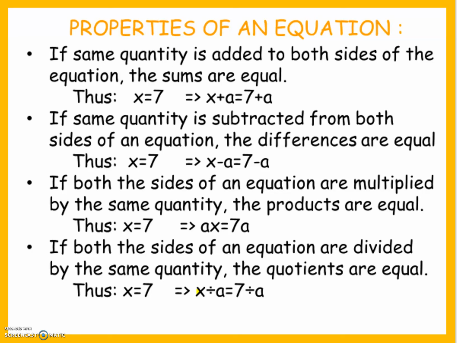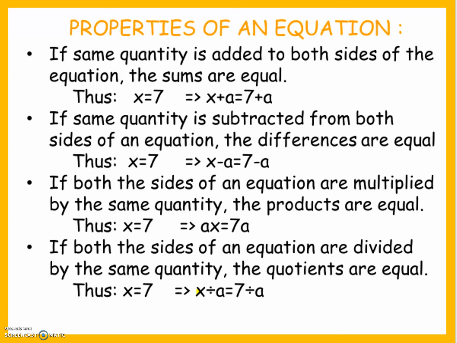If we add or subtract the same quantity to both sides of an equation, the answer won't change. We will have the same equation. In the same way, if we multiply or divide both sides of an equation by the same quantity, we will have the same result.